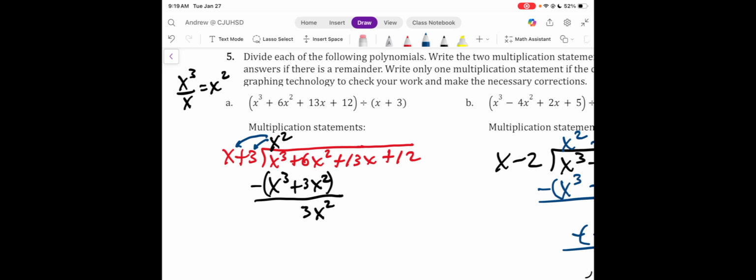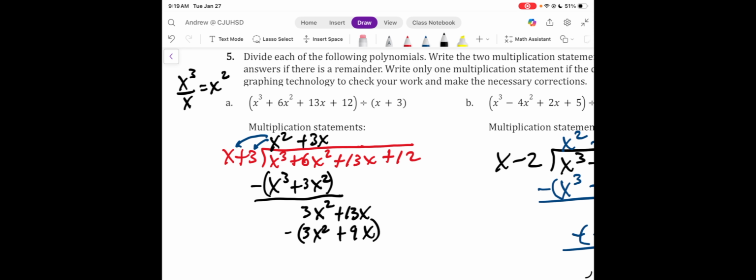So now, as we do that again, we bring down the 13x. It's like a new problem. You do the same thing. You divide 3x squared divided by x is 3x. Multiply 3x times x, 3x squared, and 9x.